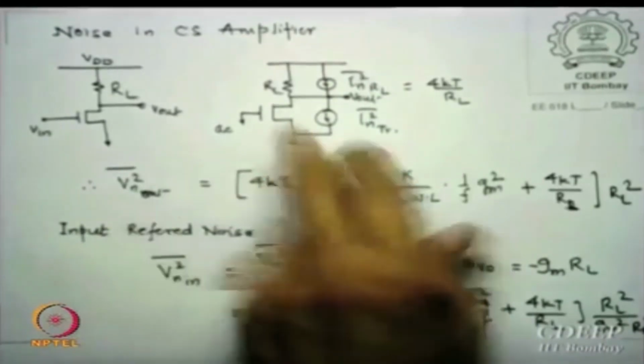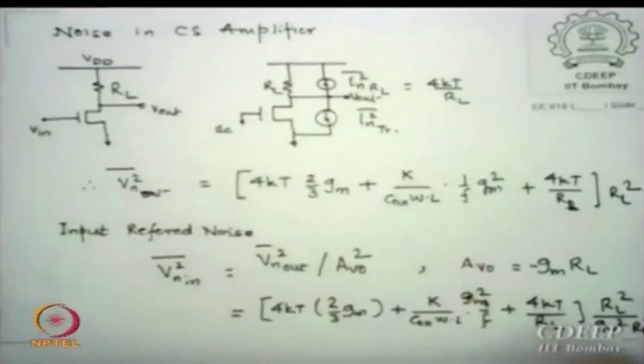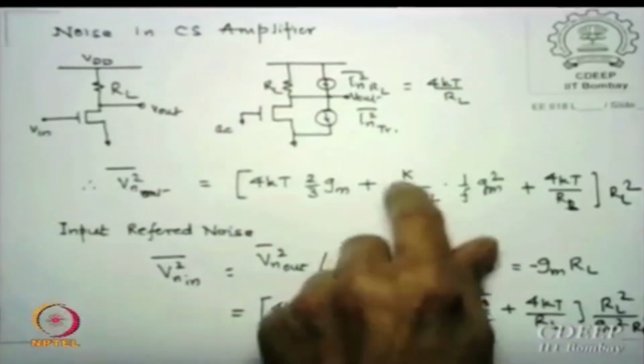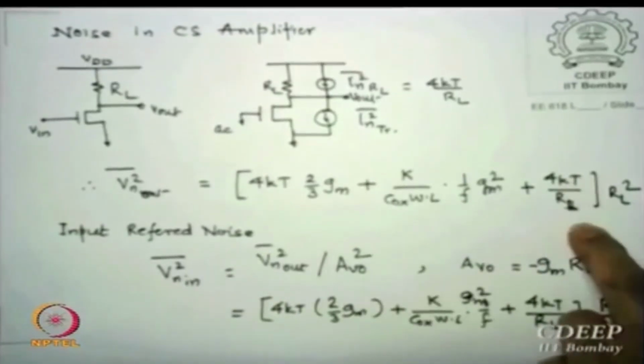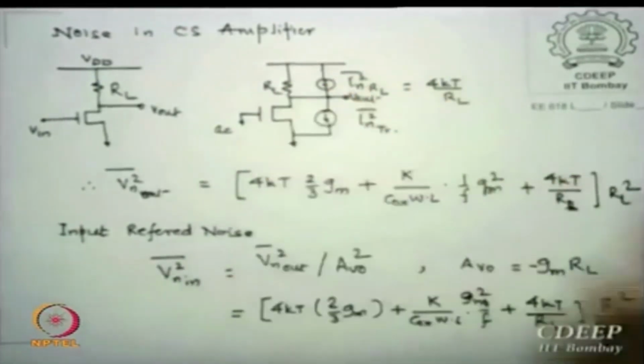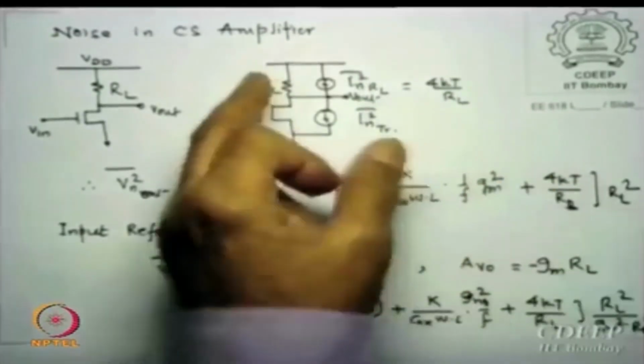For this, we all know that this transistor has 4kT 2/3 GM. What is this? This is the 1 upon F noise term, and this term 4kT by RL is the RL term, and multiplied by what is the load here? RL.